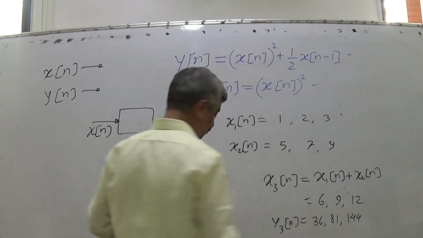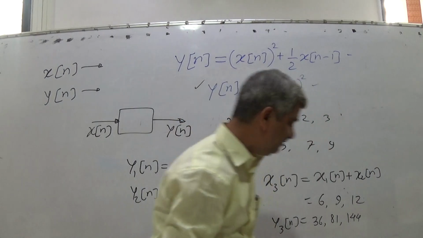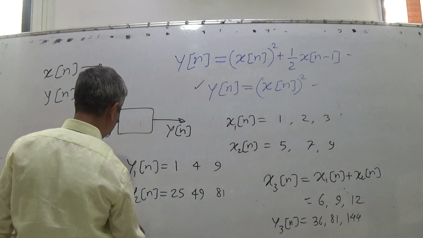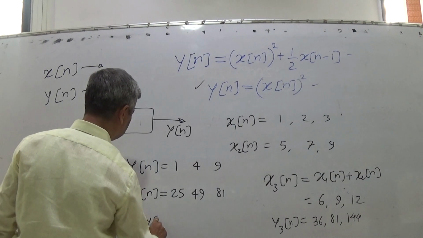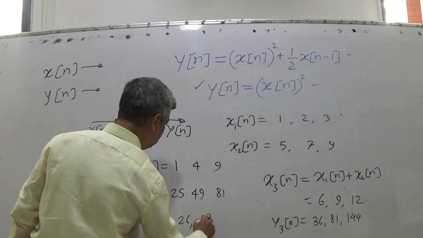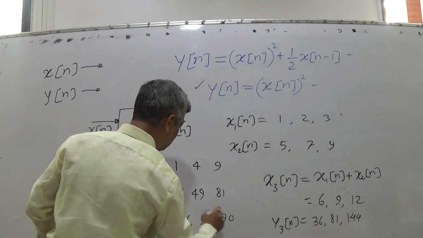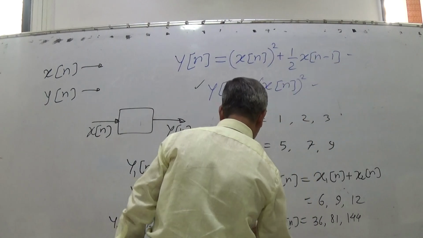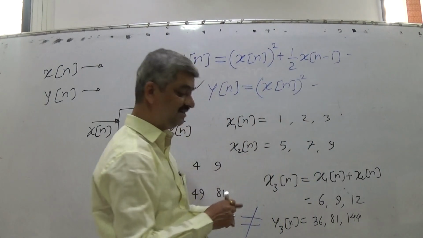What is y1[n] plus y2[n]? y1[n] plus y2[n] is equal to 26, 53, 90. And this is not equal to y3[n]. Hence the system is not linear.